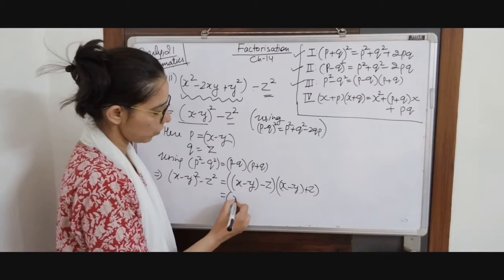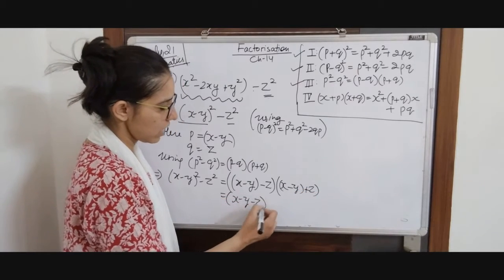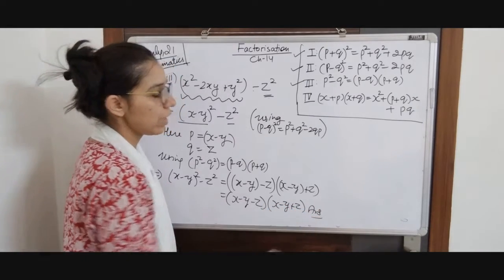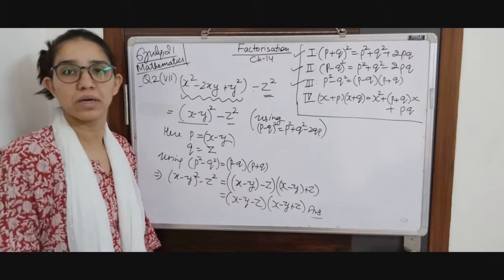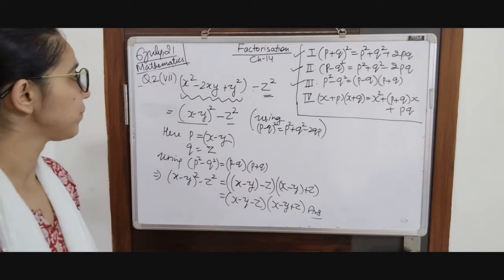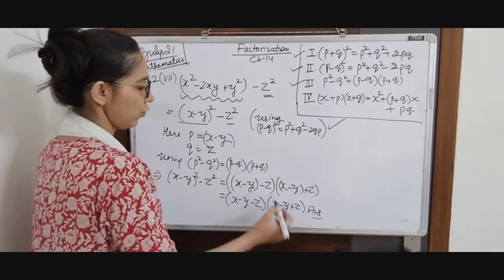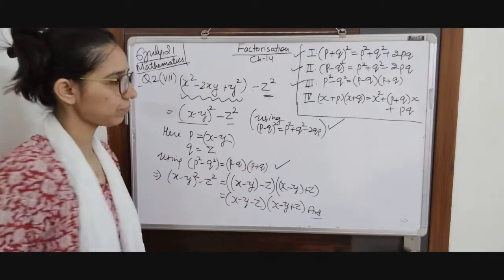This is going to be your factorized expression. So this is how we are going to do it. We have used two identities, this one and this one.